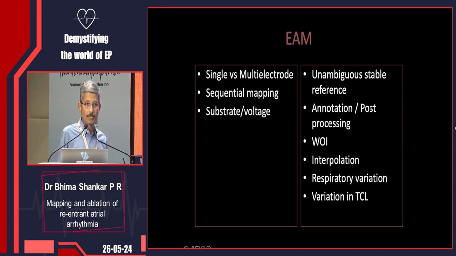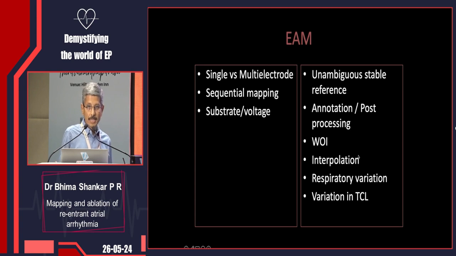So oftentimes when the map is untenable, you do some post-processing and then re-annotate your points. But with high density mapping, the system has autocorrect systems where annotation is not an issue. Window of interest, I'll spend a slide on it, although Dr. Sabri went in depth on it. Interpolation again is not an issue when you're using high density mapping.